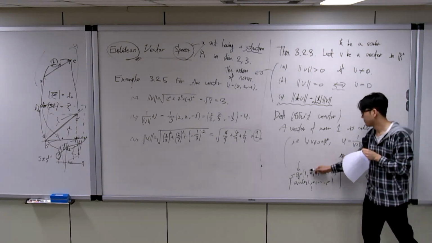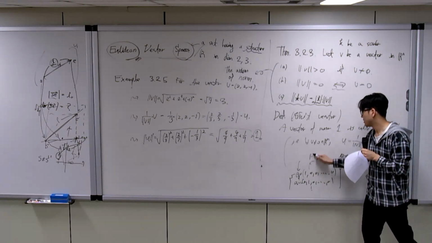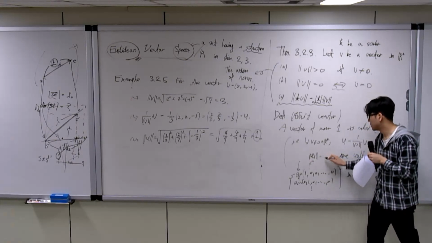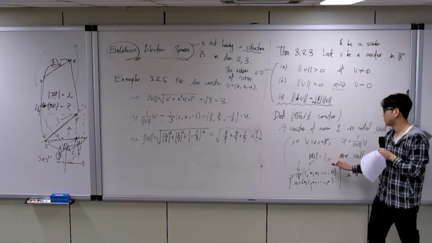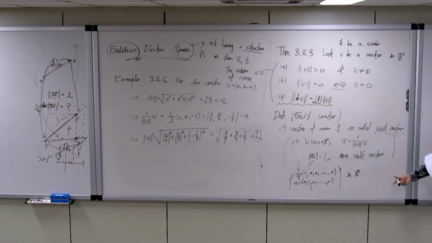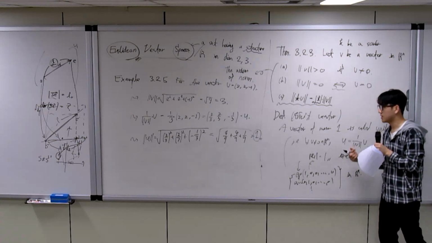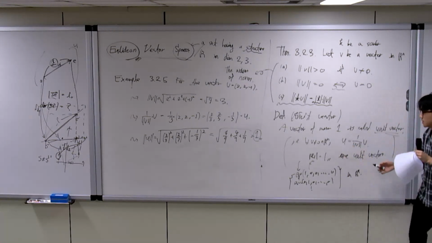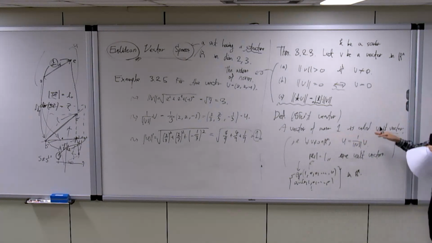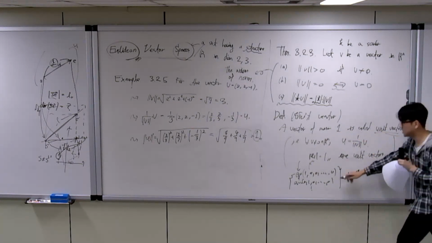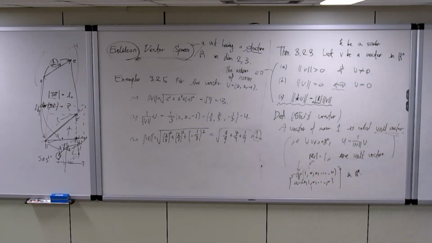So if you calculate ei's norm, it will be 1, and so they are unit vectors, and this set of unit vectors is called the standard basis.